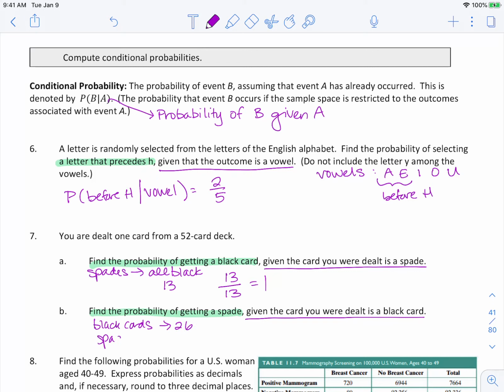We have 13 spades and 13 clubs. So given the card we were dealt is a black card, our denominator is 26, and the probability of getting a spade, there's 13 of them. So we have 13 out of 26, which is 1/2.